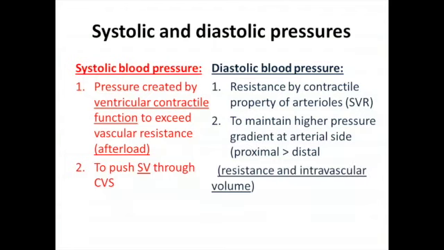The diastolic blood pressure is reflecting resistance and the intravascular volume. So if you have significant depletion of intravascular volume, the total volume, the diastolic blood pressure might drop. But you need significant hemorrhage, significant loss of volume, to be represented by diastolic blood pressure. Why?